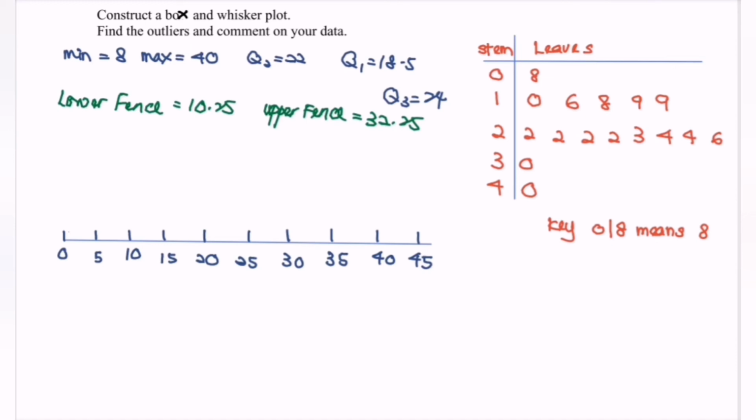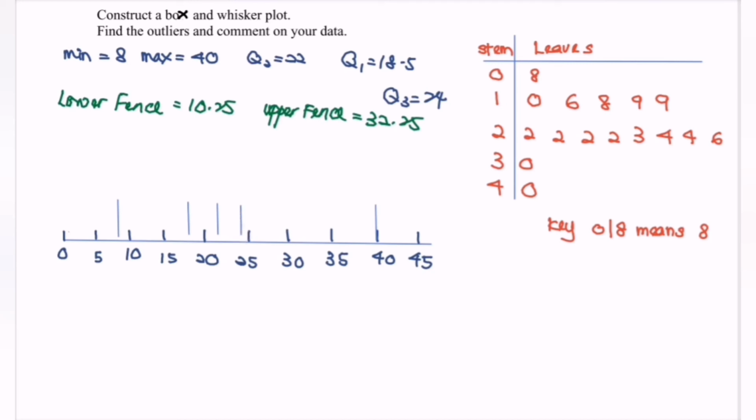Next, what we have to do is to mark and label the 5-number summary, followed by the upper fence and the lower fence. So here we have the minimum, and then we have the maximum 40, and the Q2, which is 22. Then we have Q1, which is 18.5. Next, we have the Q3, which is 24.